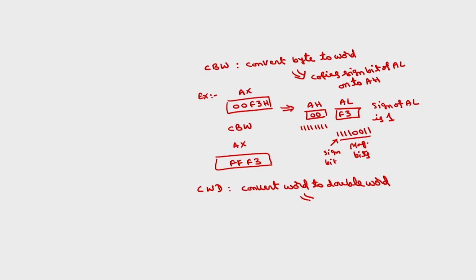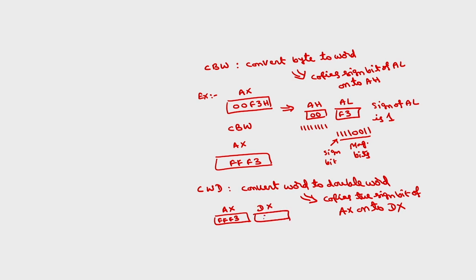It simply copies the sign bit of AX onto DX. By default, these two instructions operate with the AX and DX registers only. Say, for example, AX is FFF3 and DX is 0000, these two are 16-bit registers.